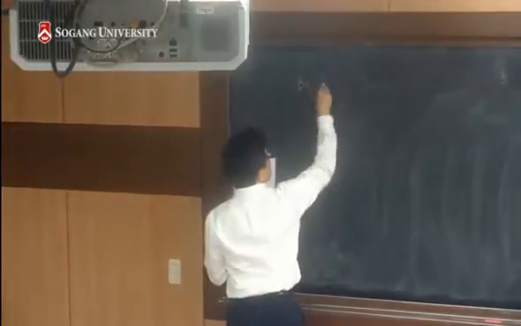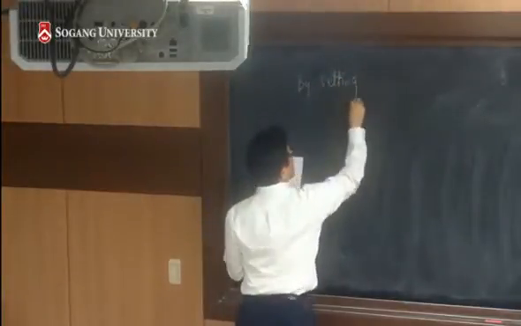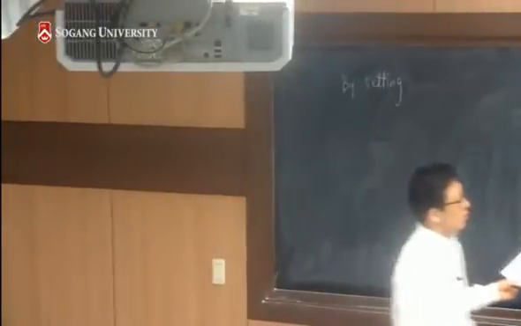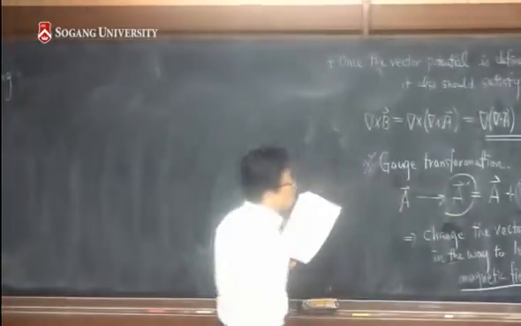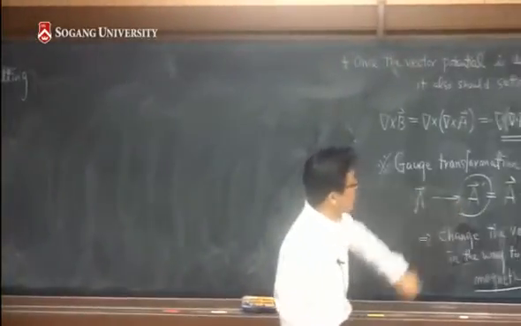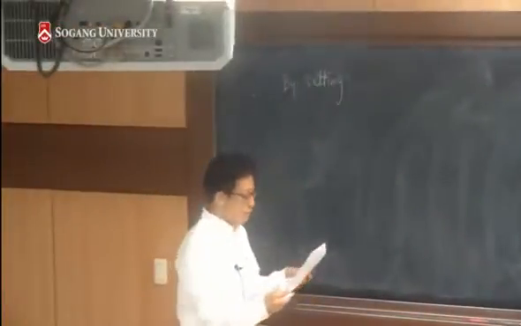Okay? So, we still have enough time. By setting, let's say, we start with the original vector potential that is insensitive to the divergence.